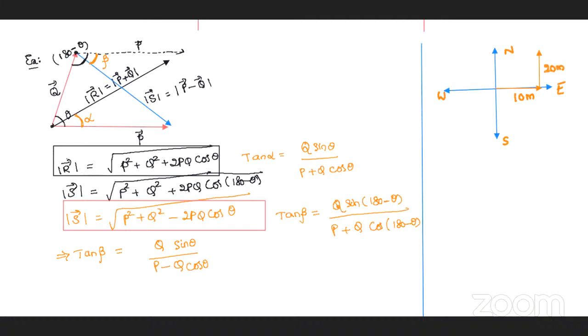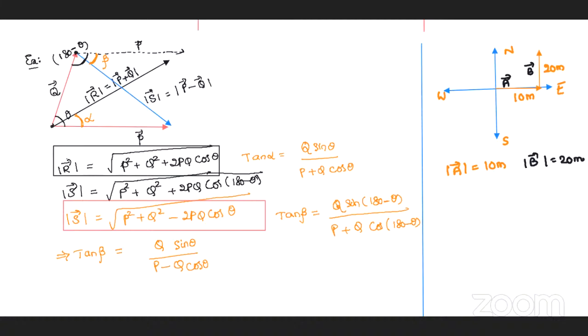Now by taking this 10 meters as the magnitude of A bar, the magnitude of A bar is equal to 10 meters. Whatever I have drawn here, 10 meters towards east, is A bar, and 20 meters towards north is B bar, so the magnitude of B bar is 20 meters.